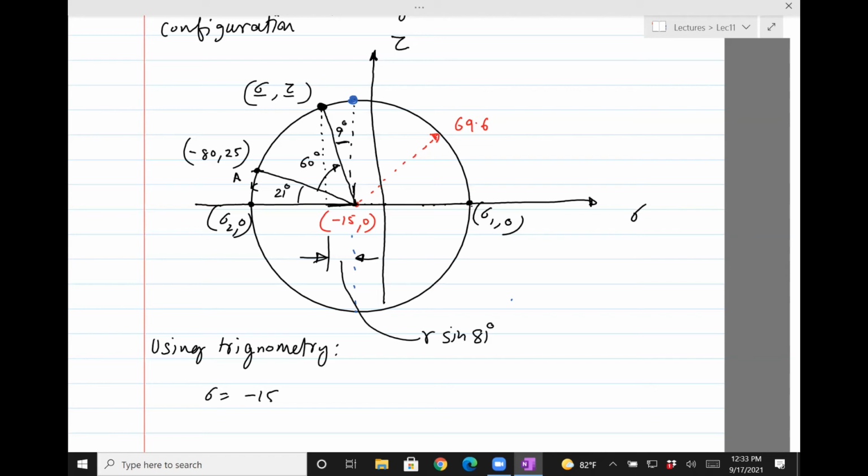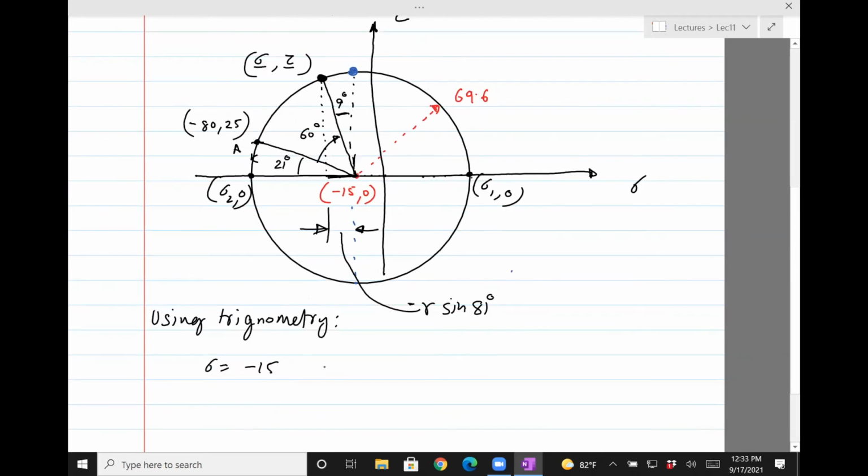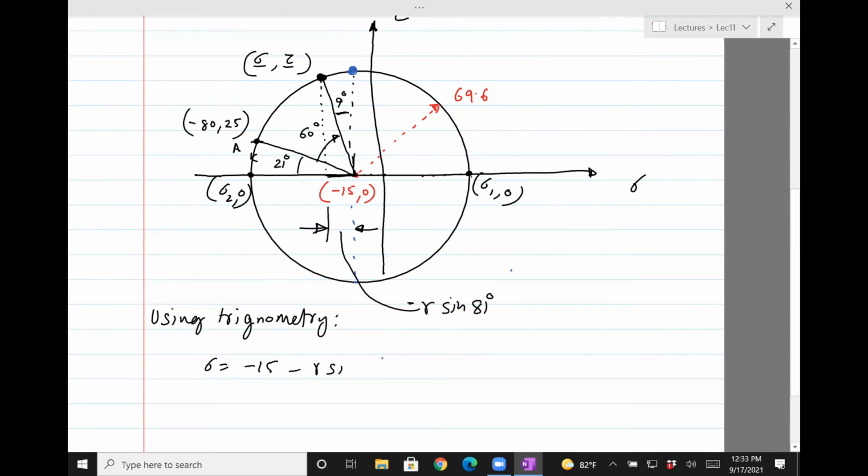And then the other thing to be careful about is that since it's on the left side of 15, it should be negative. So the answer here is 15 minus r sine 81 degrees, which is minus 15 minus 69.6 sine 81 degrees. And that comes out to be minus 25.89 MPa.